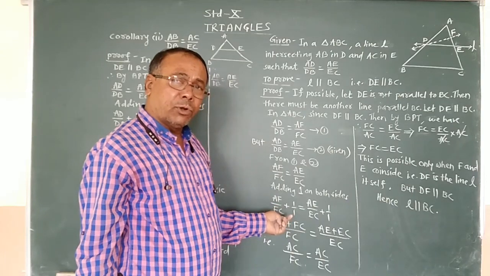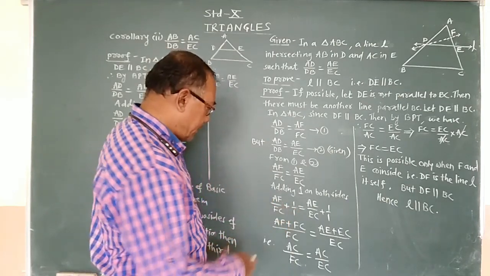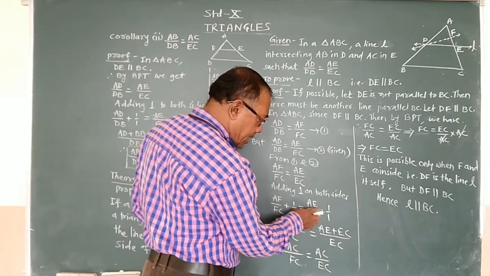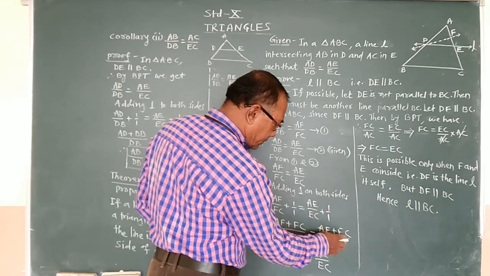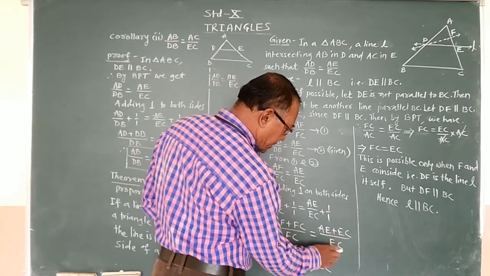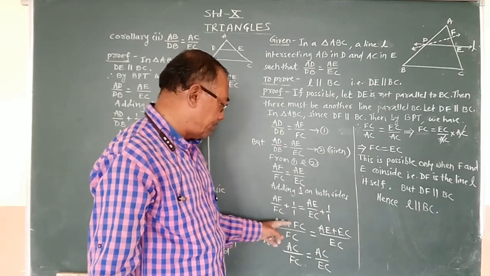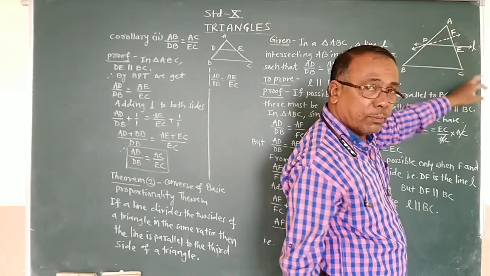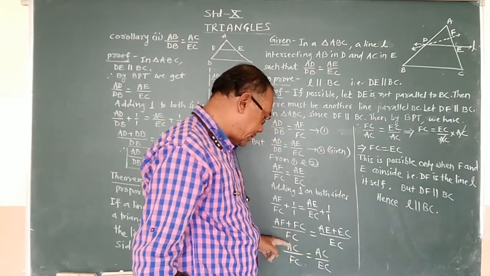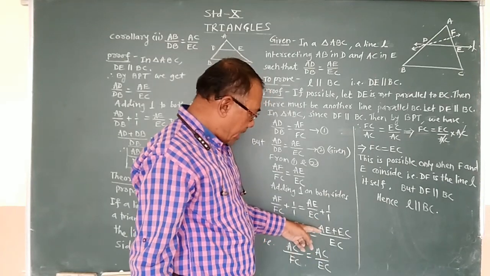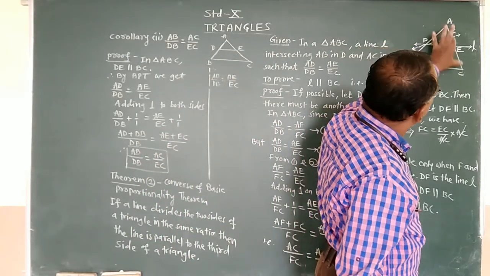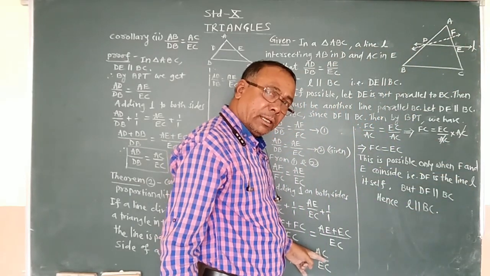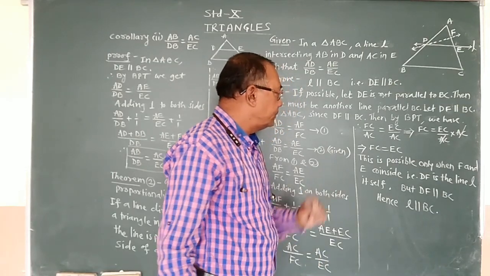Since the denominators are not the same, we have to cross multiply. Then AF plus FC divided by FC is equal to AE plus EC divided by EC. If we observe the figure, AF plus FC is equal to AC, and AE plus EC is also equal to AC. So we will get AC upon FC is equal to AC upon EC.